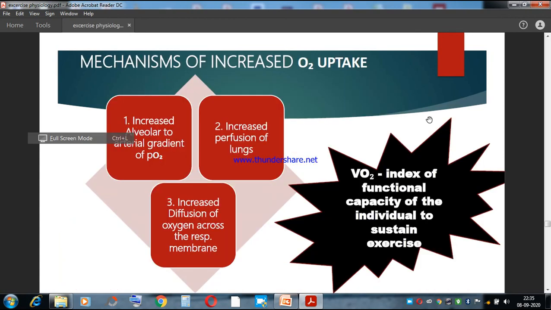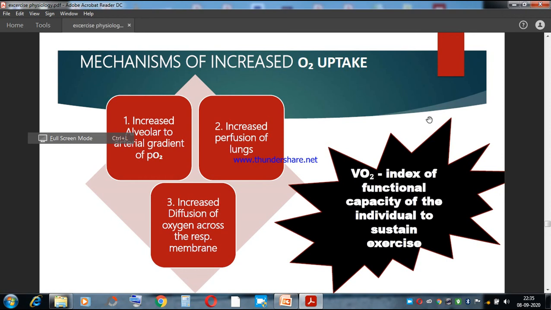So what are the mechanisms of increased oxygen uptake? First of all, increased alveolar to arterial gradient of PO2. Okay, so there will be increased gradient.